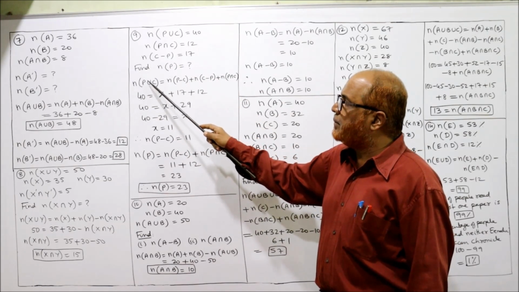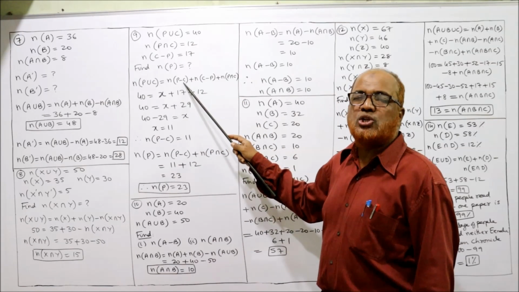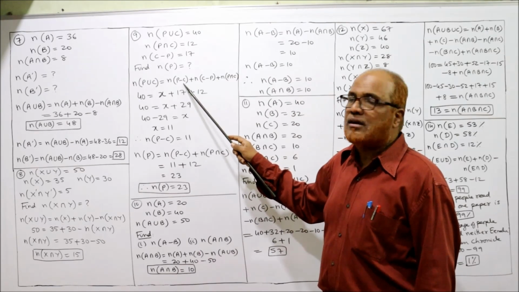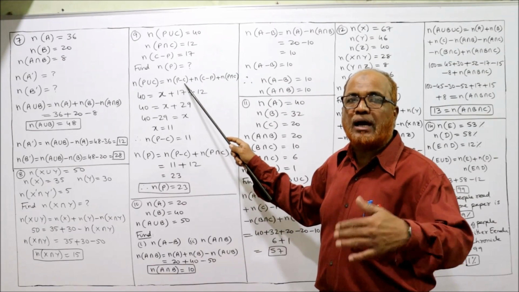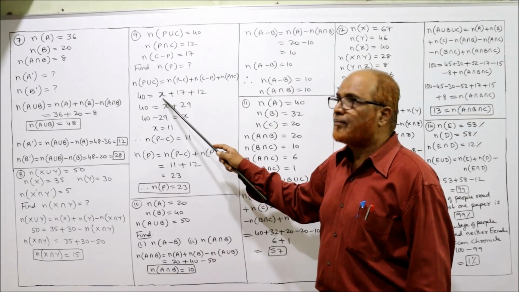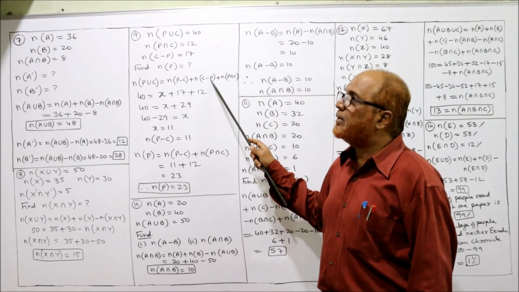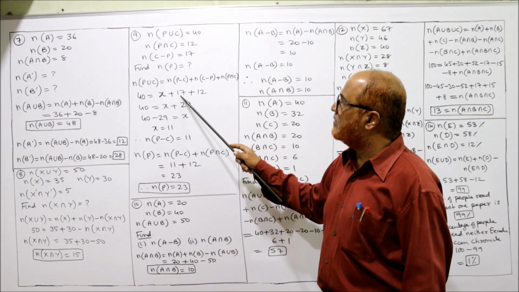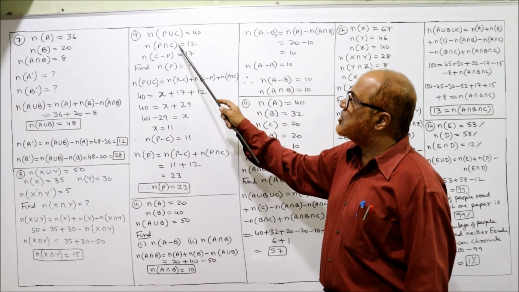So in place of N of P union C, I am writing 40. N of P minus C is not given in the problem. So I make an assumption, it is X. Plus N of C minus P, number of elements in C minus P, that is given. C minus P is 17. So in place of this I am writing 17. Plus N of P intersection C. So P intersection C is 12.